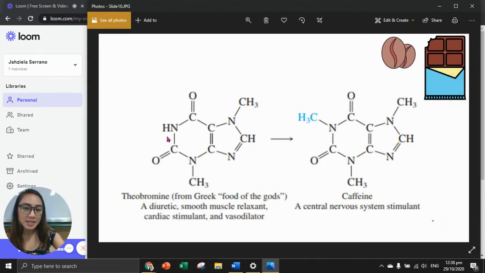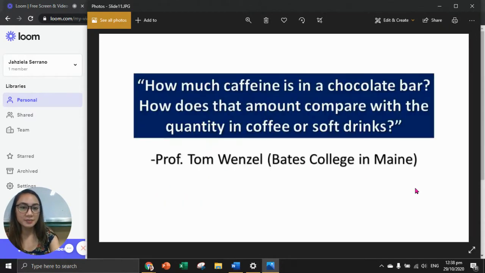No? So, this converts into caffeine, which is a central nervous system stimulant. Kung mapapansin niyo yung structure niya, dito walang attachment, no? Dito nagkaroon siya ng methyl group, which is CH3. So, naging caffeine siya. Almost similar, but dahil nagkaroon siya ng ganon, from theobromine, naging caffeine siya. So, si Professor Tom Wenzel from Bates College in Maine, he was really curious, no?